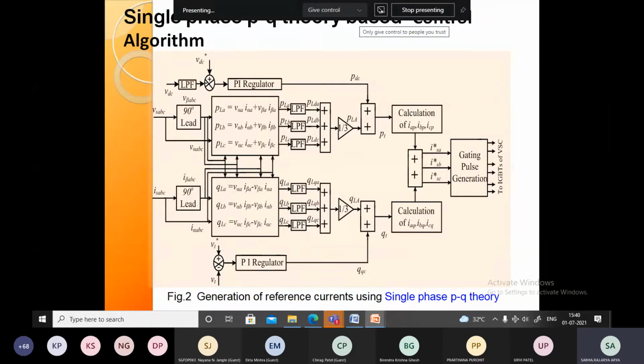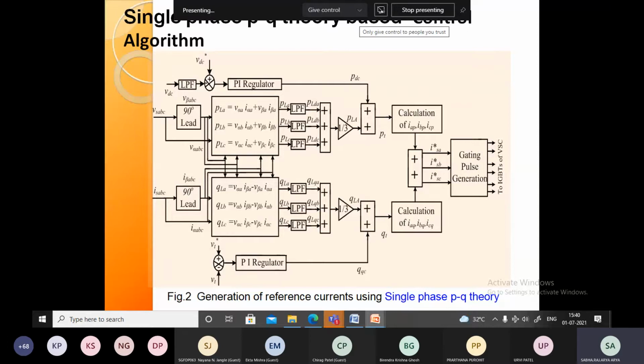And how can we put Kp, Ki? Just put Kp, Ki and at the tuning stage, you are going to see a constant DC as QC. Then both active and reactive current you can add, and after adding you have I star SA, I star SB, I star SC. These you can compare with the actual values of ISA, ISB, ISC.